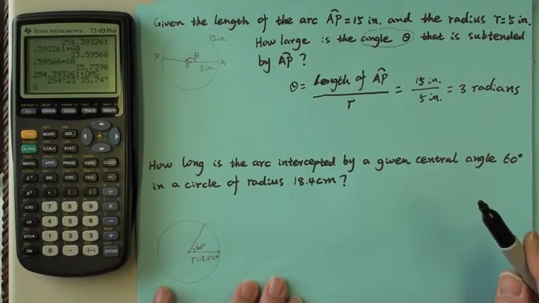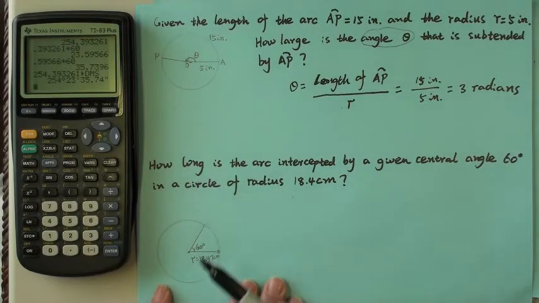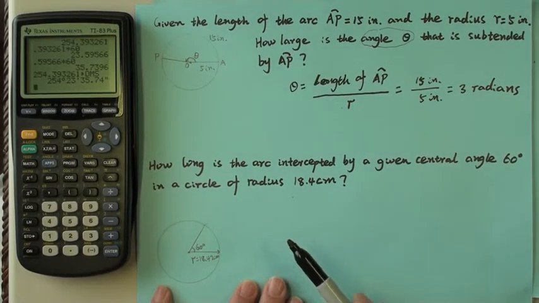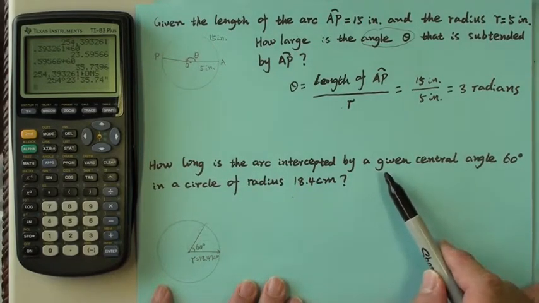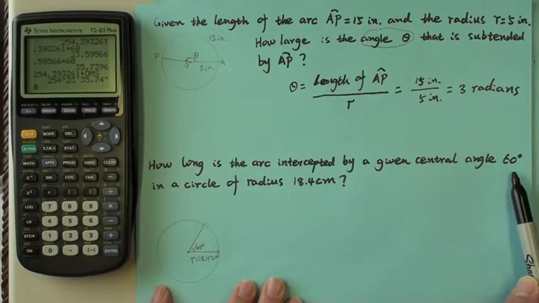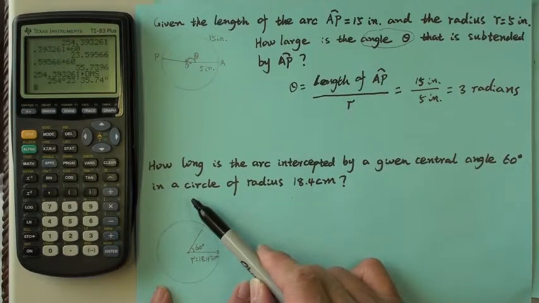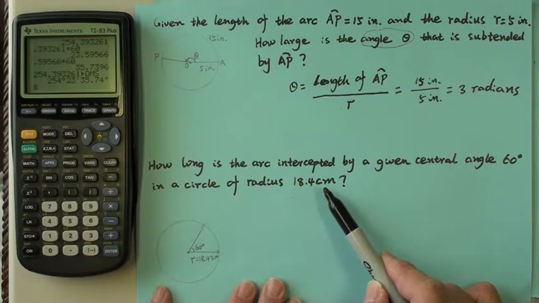Now, this one is a little bit different. This one asks how long is the arc intercepted by a given central angle, which is 60 degrees, okay, in a circle of radius 18.4 cm.